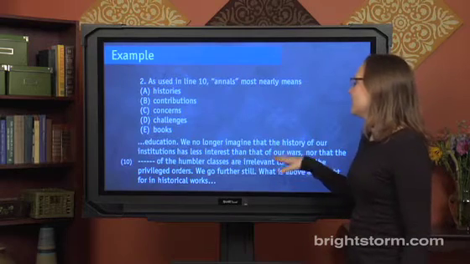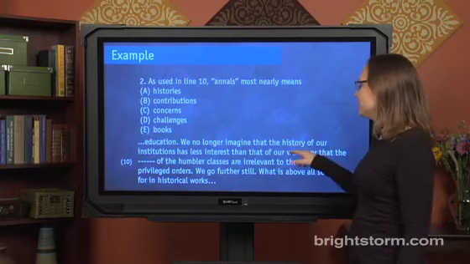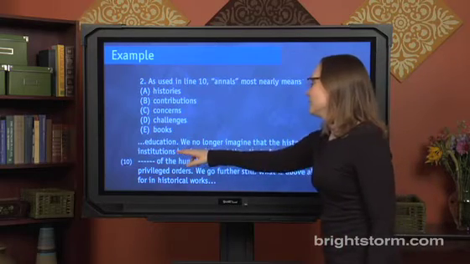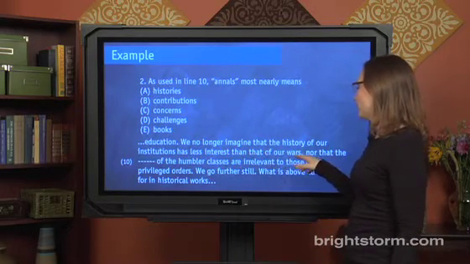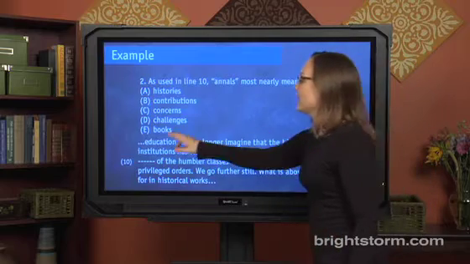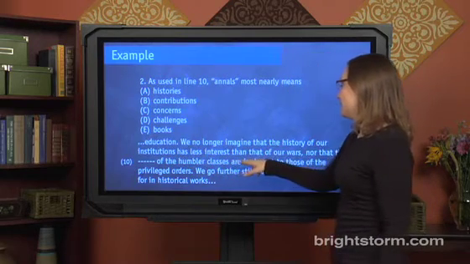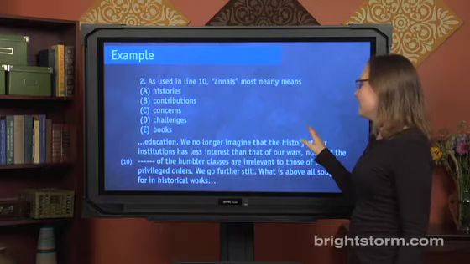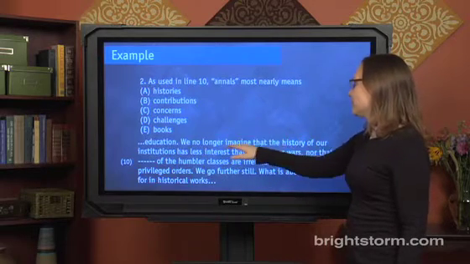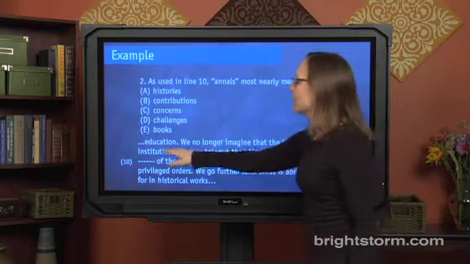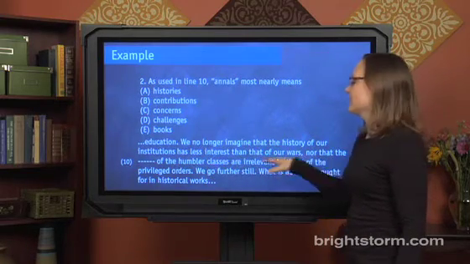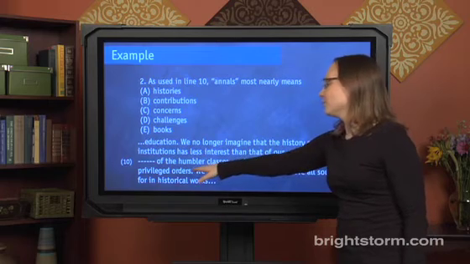So the author says, we no longer imagine that the history, that's the key word, the history of our institutions has less interest than that of our wars, nor that the history of the humbler classes are irrelevant to those of the privileged orders. So just like the author says the history isn't less interesting than the wars, the history of the humbler classes, or the lower class, isn't uninteresting relative to the history of the privileged orders.